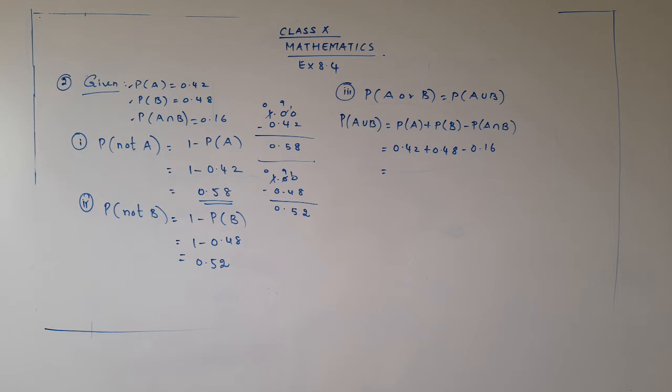Try to work it out. Do not wait for my answer. You have to get the answer before I write the answer. Okay, let's check whether your answer and my answer are correct.